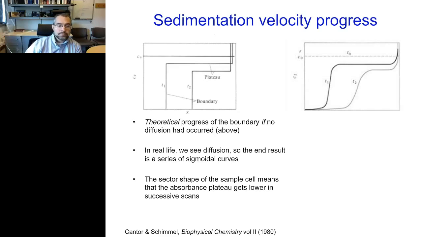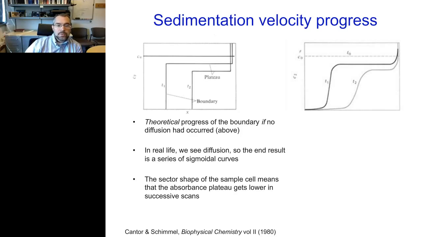We see that at time 1, the protein has moved toward the outside of the cell by this amount, and so there is a boundary between the region that contains protein on the right and pure buffer on the left, where the protein has basically left the region.